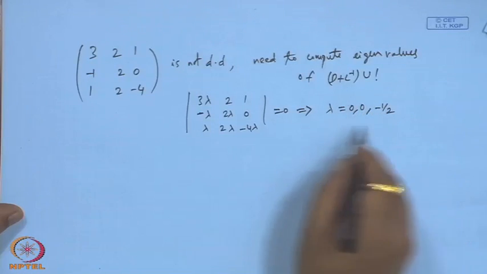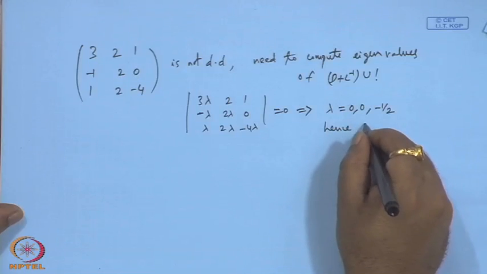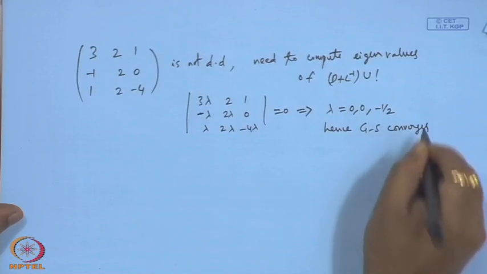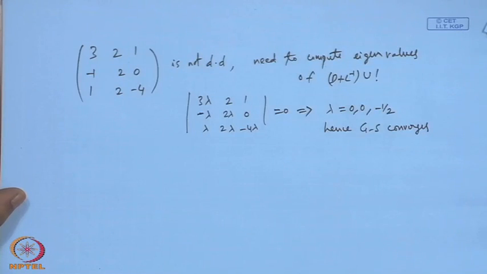So, all of them are within the unit circle, hence Gauss Seidel method converges. Okay. So, for the iterative methods, both Gauss Jacobi and Gauss Seidel method, these convergence criteria are important.